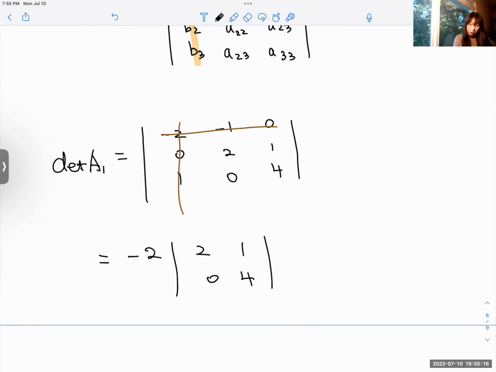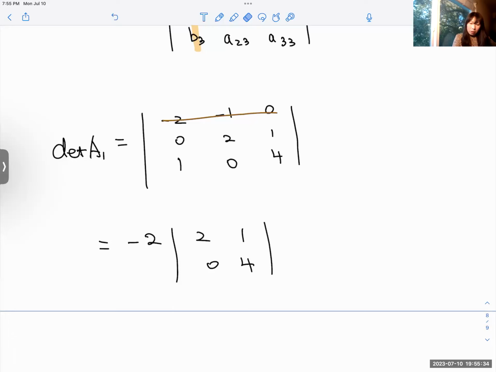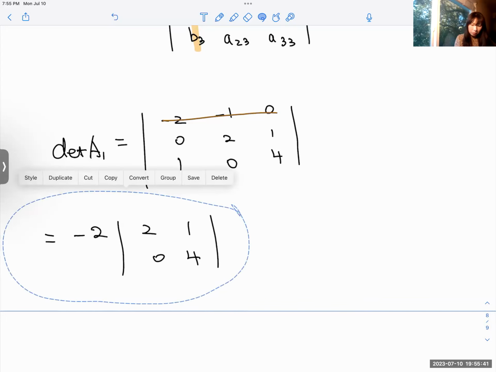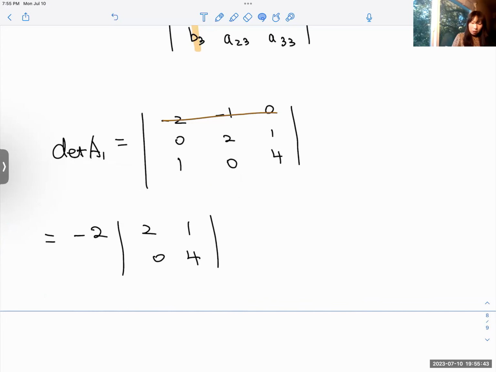Okay, now second one, negative 1. All right, so maybe we need to deal with the sign, yeah?